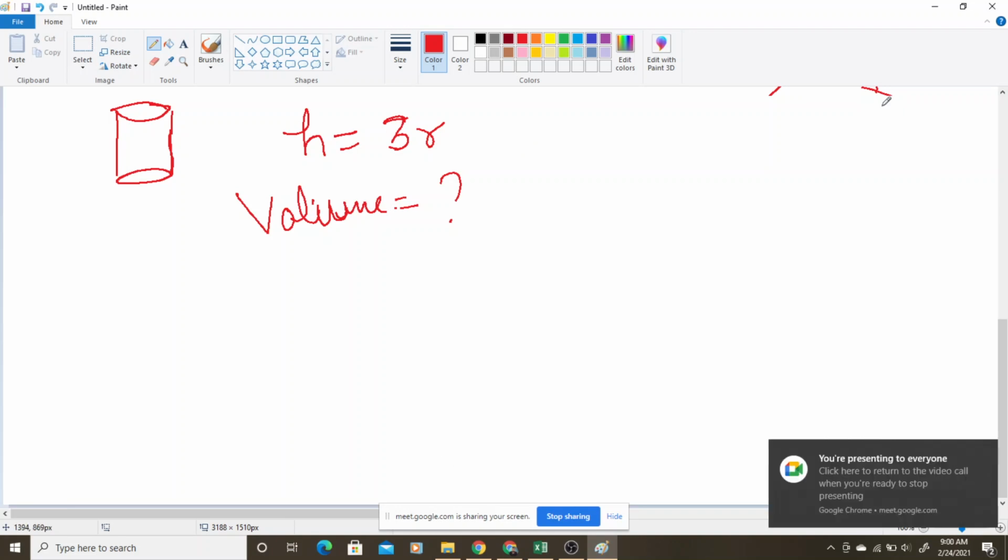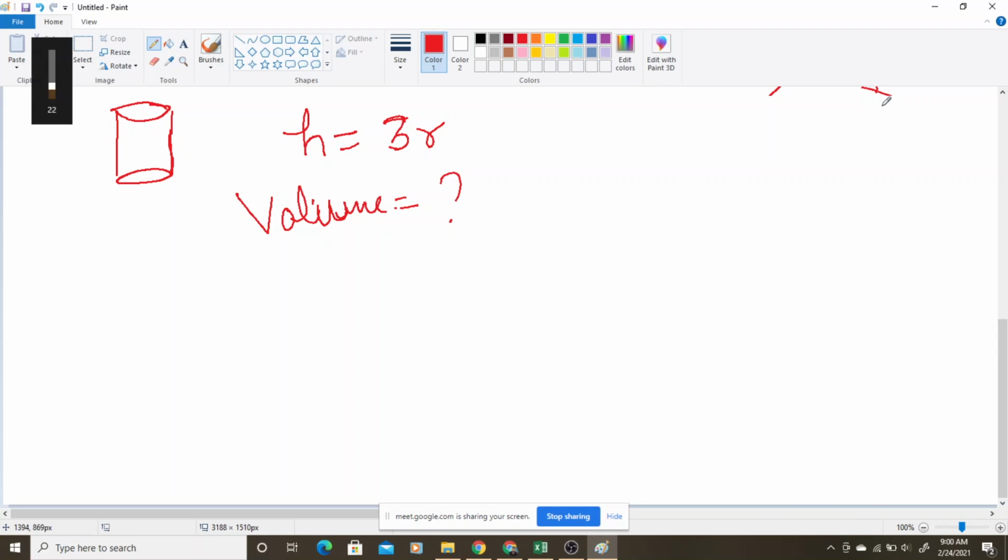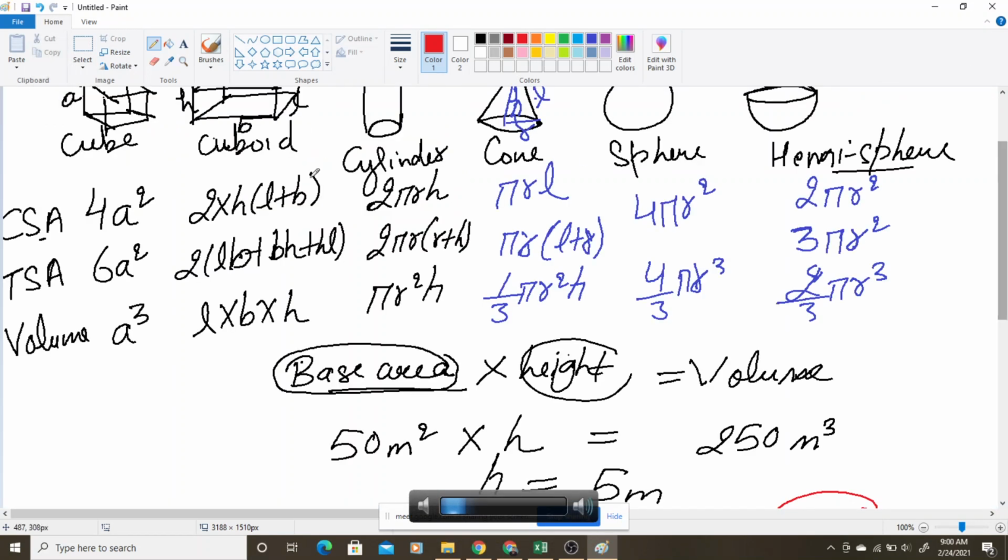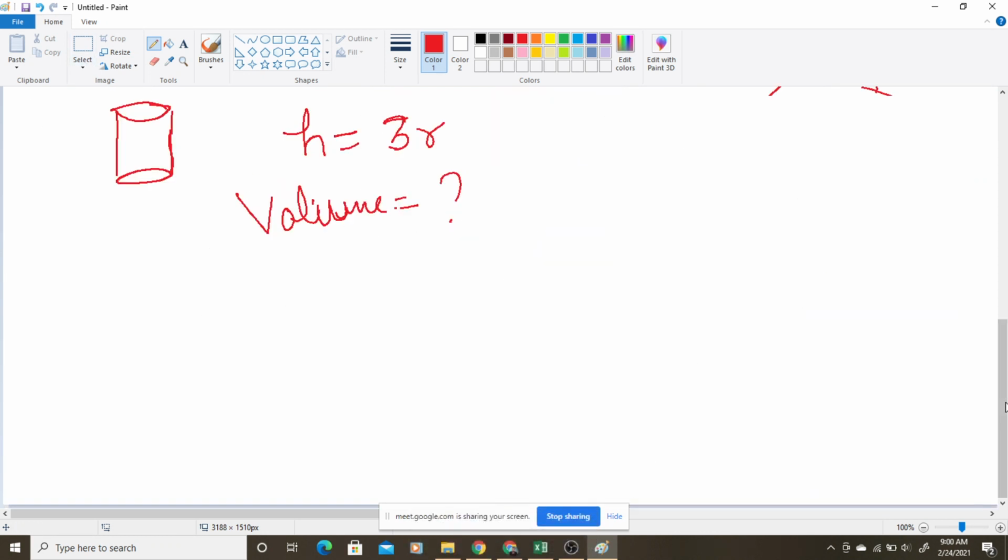If we need to find the volume of a cylinder, you know the formula I have already written for you here. Every formula is written. Volume of a cylinder is pi r square h. Now in place of h, what will we write? 3r. So it will be pi r square multiply by 3r.